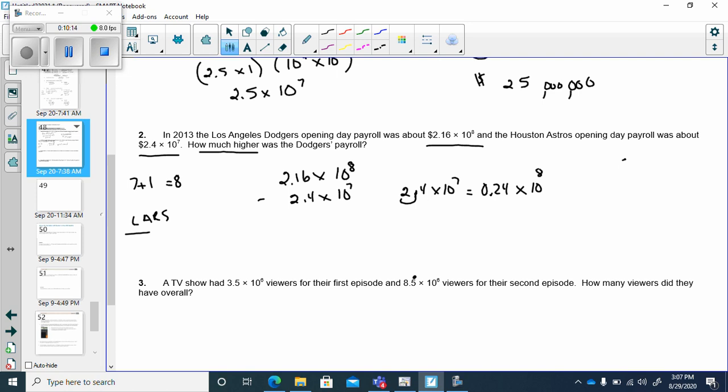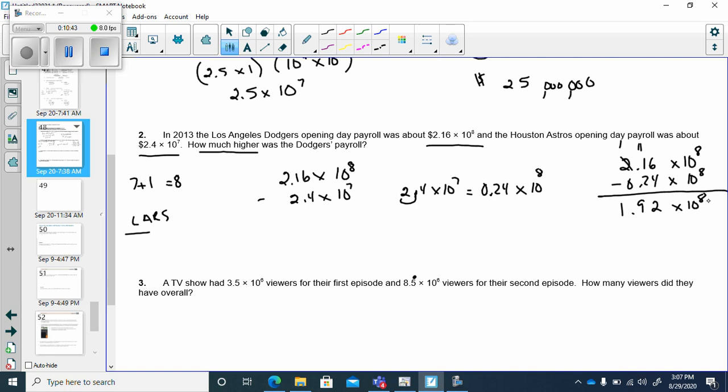So let's rewrite this. 2.16 times 10 to the 8th minus 0.24 times 10 to the 8th. And we subtract. 6 minus 4 is 2. I can't subtract 2 from 1, but I can borrow 1 here, and that's 11. 11 minus 2 is 9. 1.92 times 10 to the 8th.